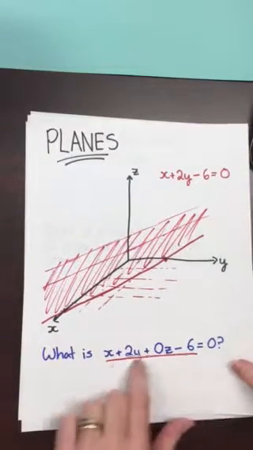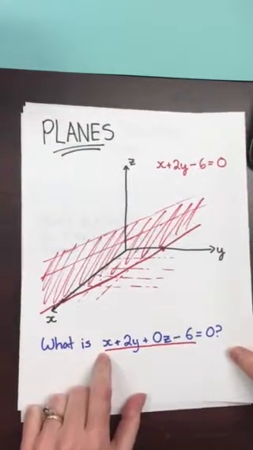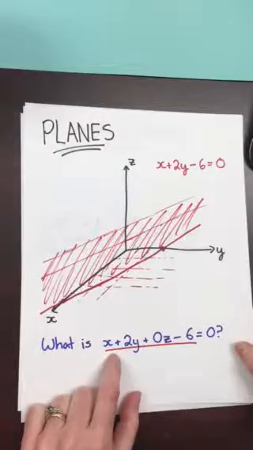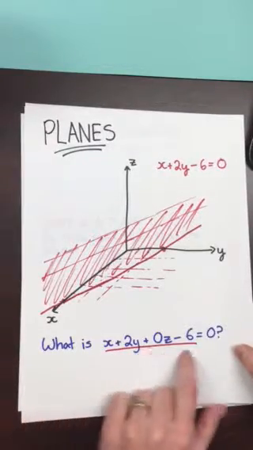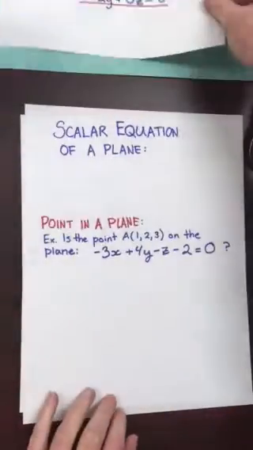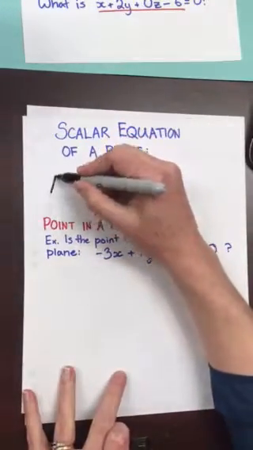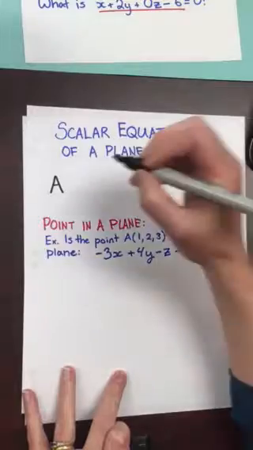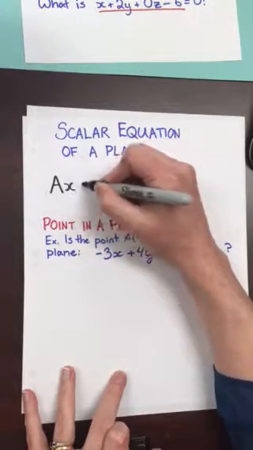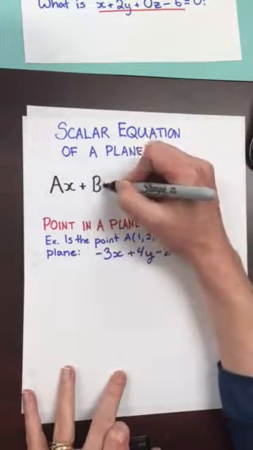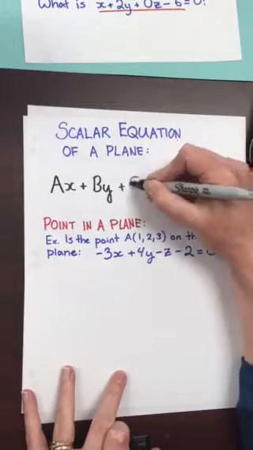You'll notice it looks a lot like the standard form equation of a line. That's because this is the standard form or scalar equation of a plane right here. So if we were to describe the scalar equation of a plane, it goes just like the standard form or scalar equation of a line. Ax plus by plus cz.